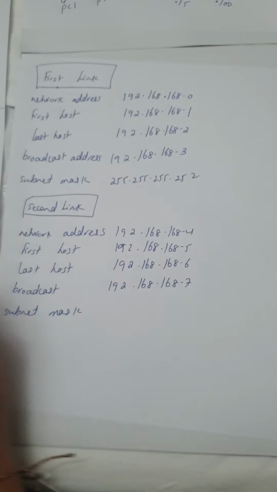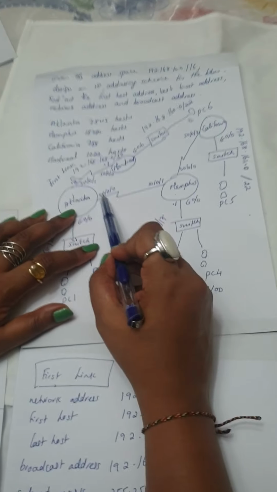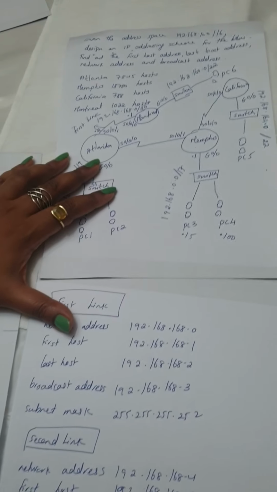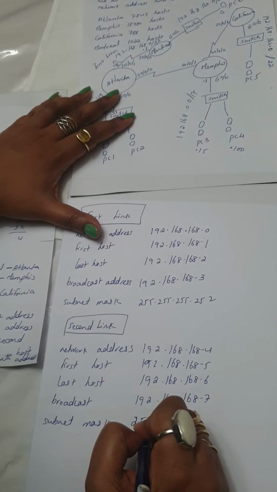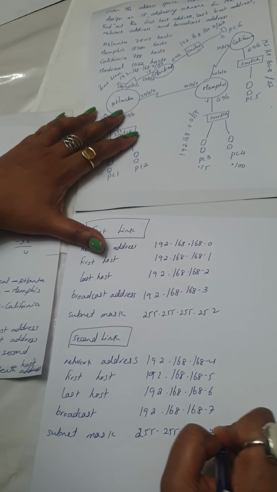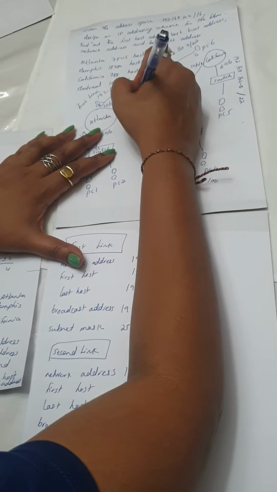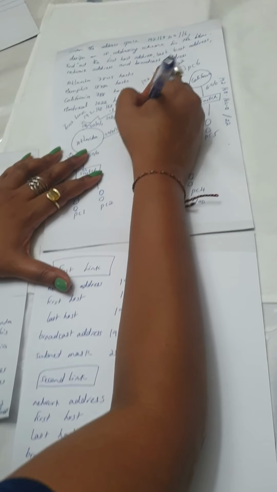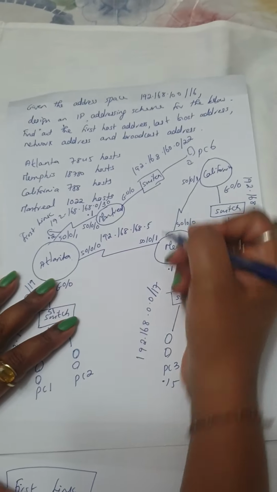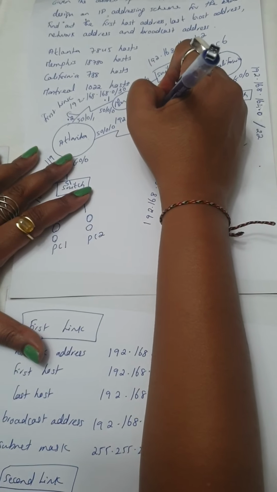Because again, for the second link, Atlanta and Memphis, we have to give only two host addresses, so it remains the same, 255.255.255.252. So the network address is 192.168.168.4.